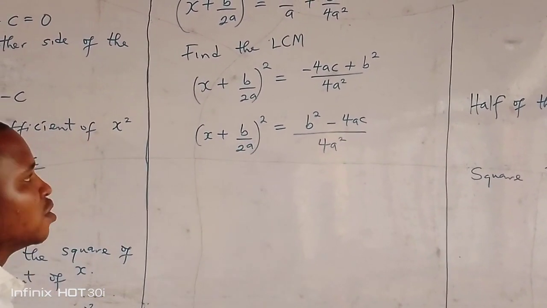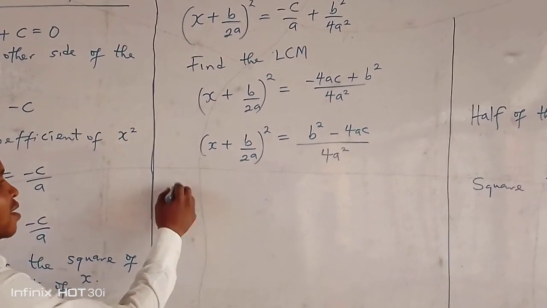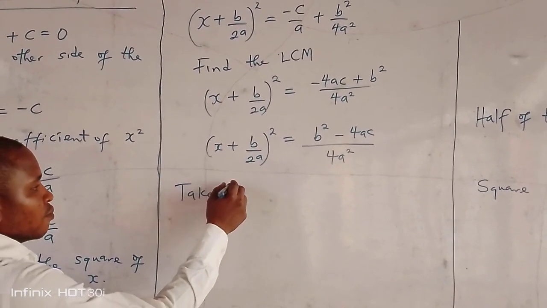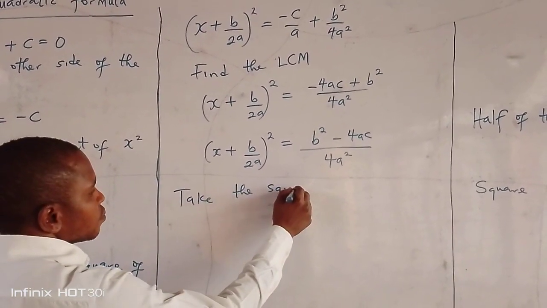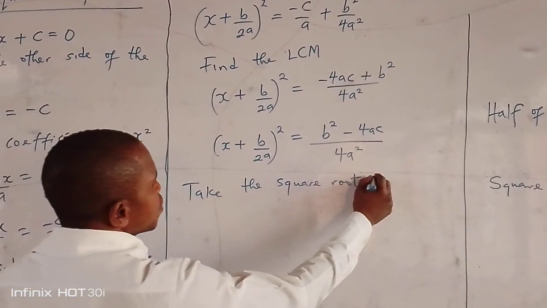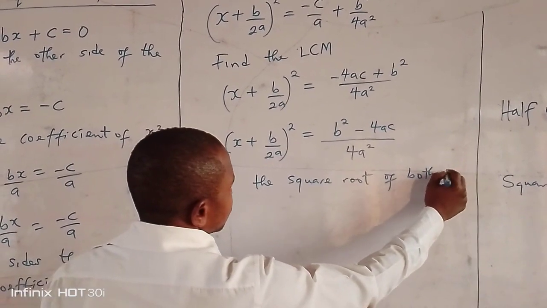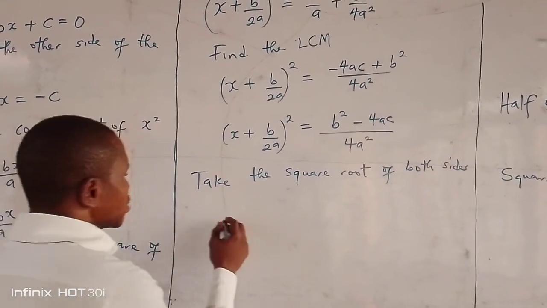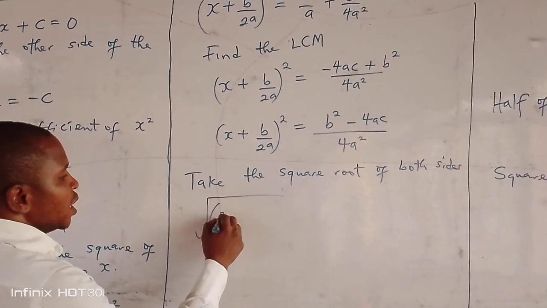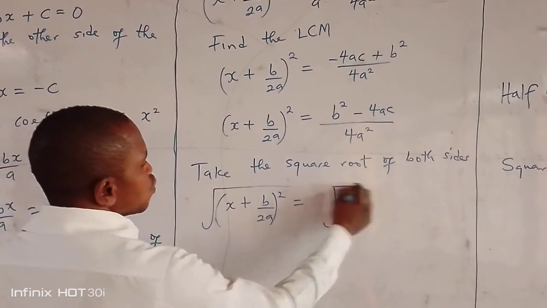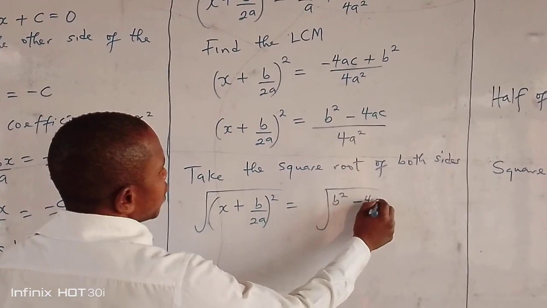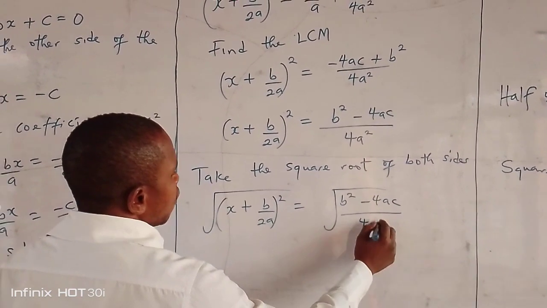Then the next step that you need to take is to take the square root of both sides. So by the time you introduce square roots here, you have the square root of (x plus b over 2a) squared is equal to the square root of b squared minus 4ac over 4a squared.